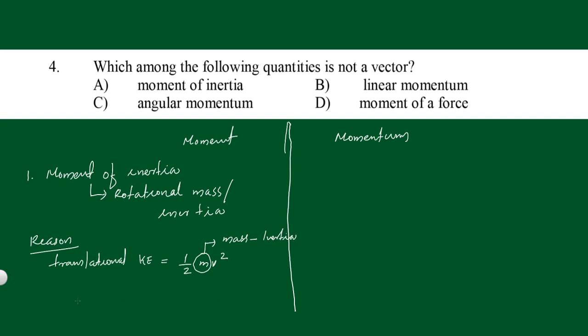And rotational kinetic energy is equal to half I omega square. Here v is linear velocity and omega is angular velocity, and I must be mass in rotational motion. That is why it is called rotational mass.